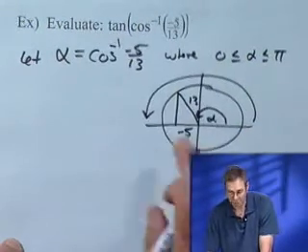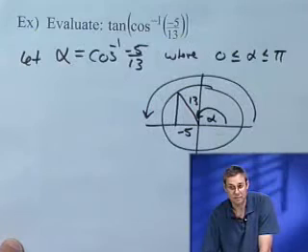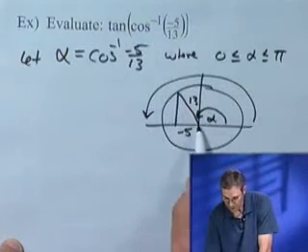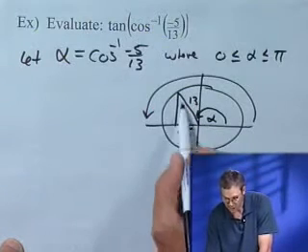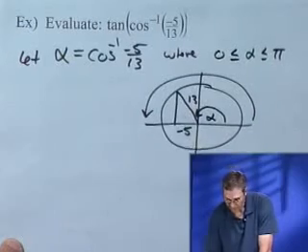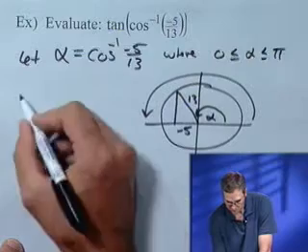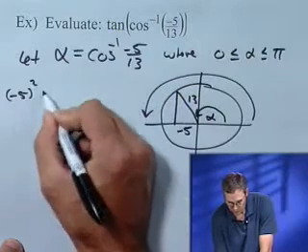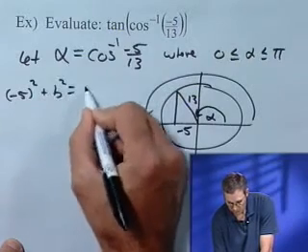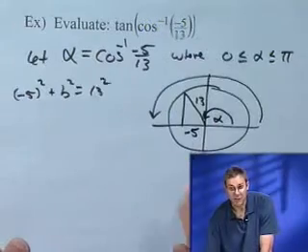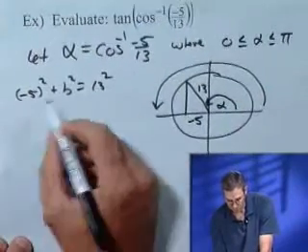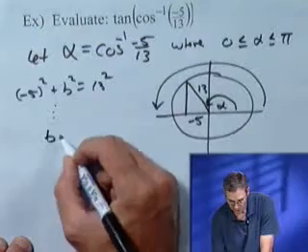And all I have to figure out is what's the tangent of alpha. Well, tangent is opposite over adjacent, so I have to figure out what this opposite side is. Again, I have a right triangle. By the Pythagorean theorem, I can find that b is equal to 12, and then we can go through that. You can do that on your own.